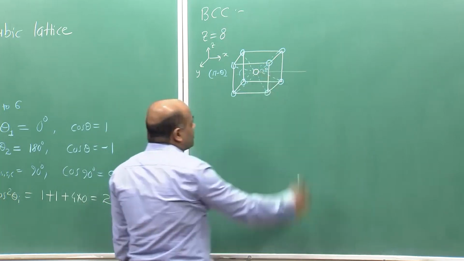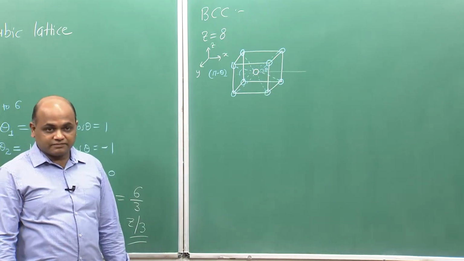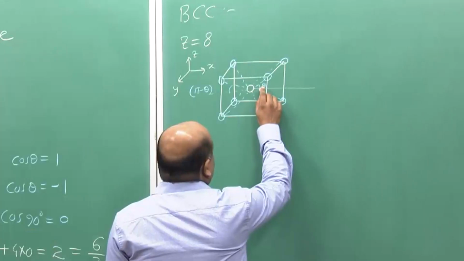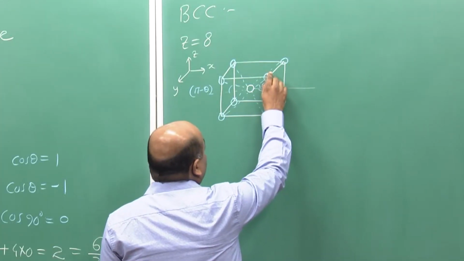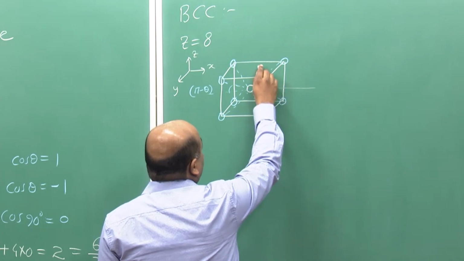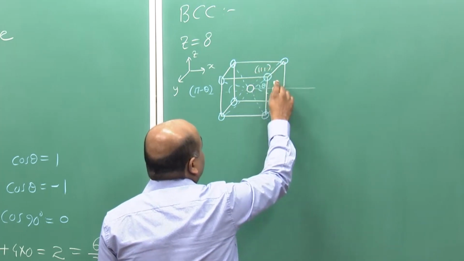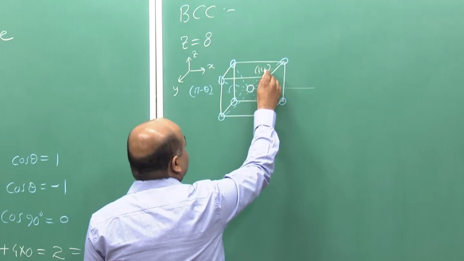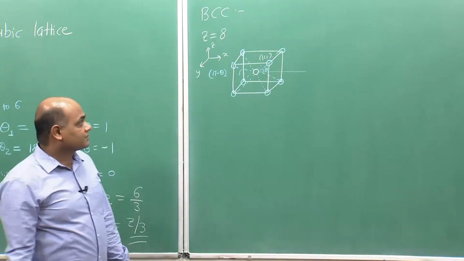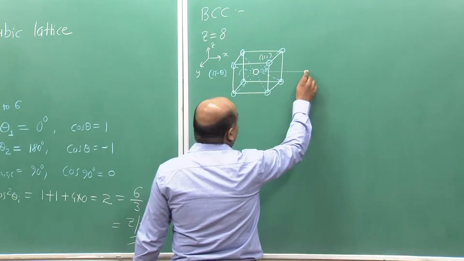So, let us try to find out what this angle theta is. Suppose the jump vector is to the 1 1 1 side. Let us consider this jump vector.